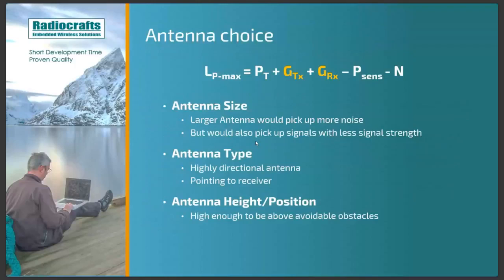We also see electricity meters inside a metal cabinet. Not a good position for an antenna either. So if you can have a small antenna cable and put the antenna on the outside of that metal chamber, you will significantly increase your range. But this is a trade-off versus installation cost and also design. So you have to look at your product and consider what is the most important thing for you.